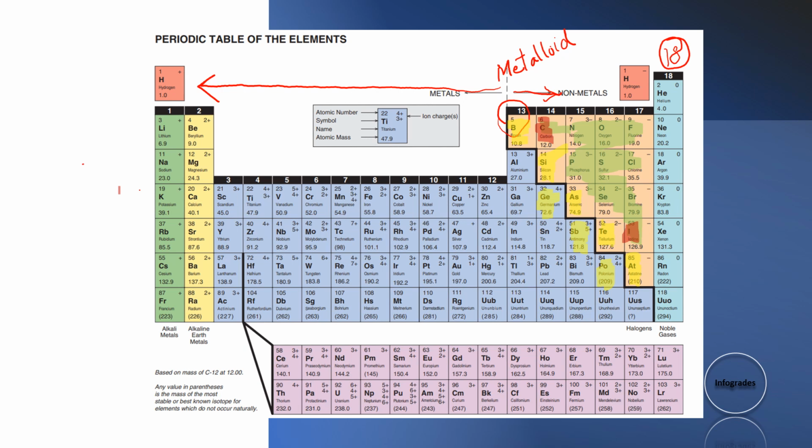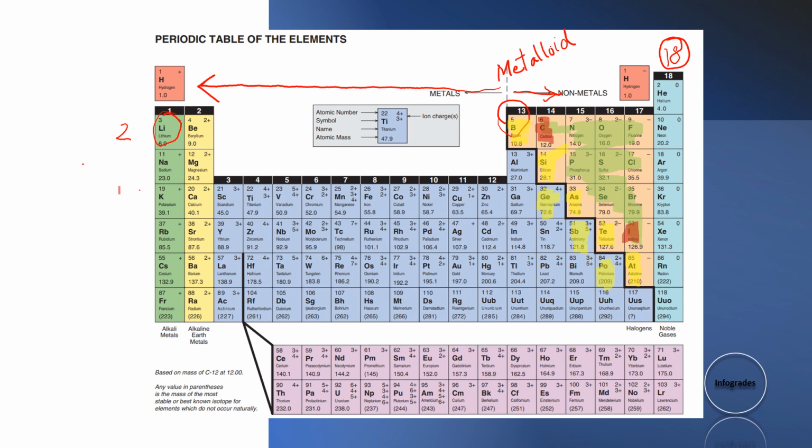If I talk about period 2, lithium will be the strongest metal. Then comes beryllium, then boron, and then slowly the metallic character decreases, and from carbon onwards they are nonmetals only. Neon is a noble gas. So that's how we can divide metals, nonmetals, and metalloids.